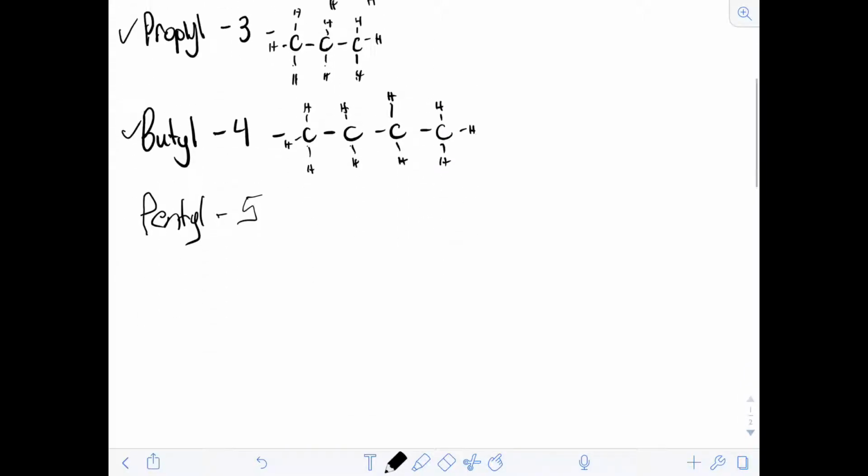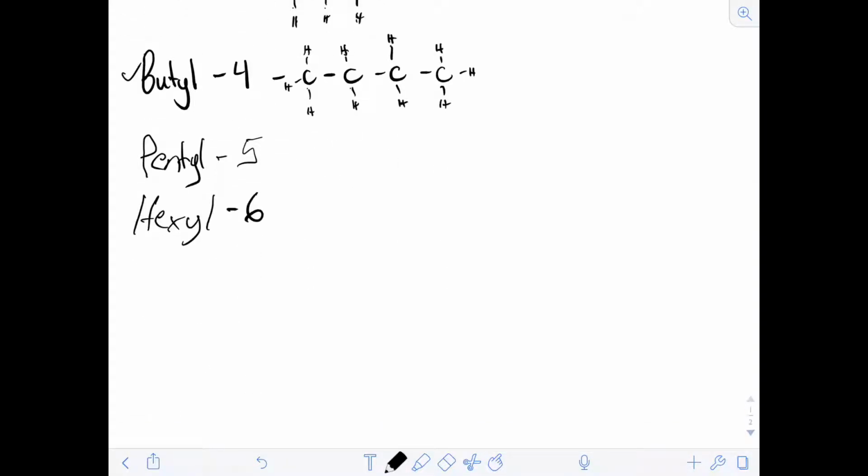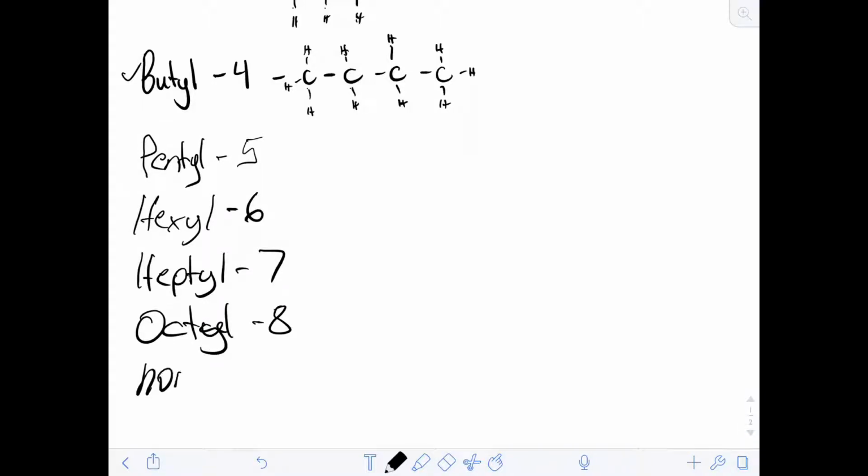So essentially, this is going to go down the line of pentyl, hexyl, heptyl, octyl, nonyl.